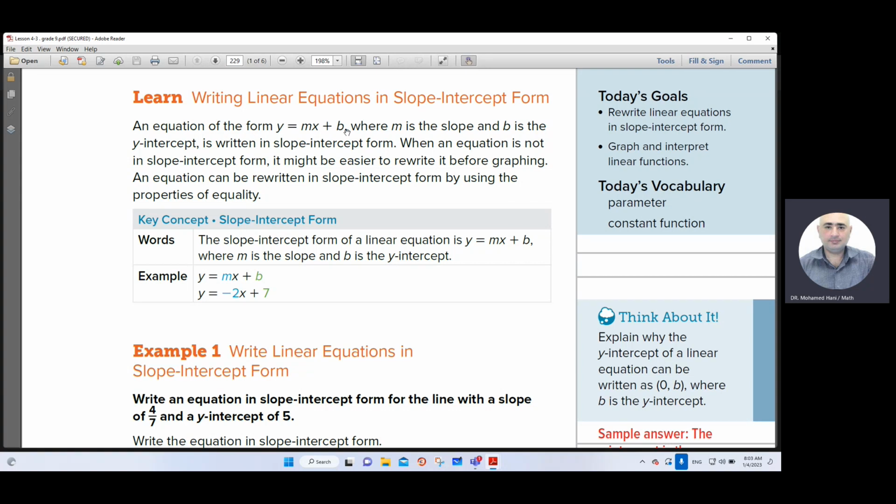It is where x is 0 and y is b. The intersecting point between the linear function and the y-axis.